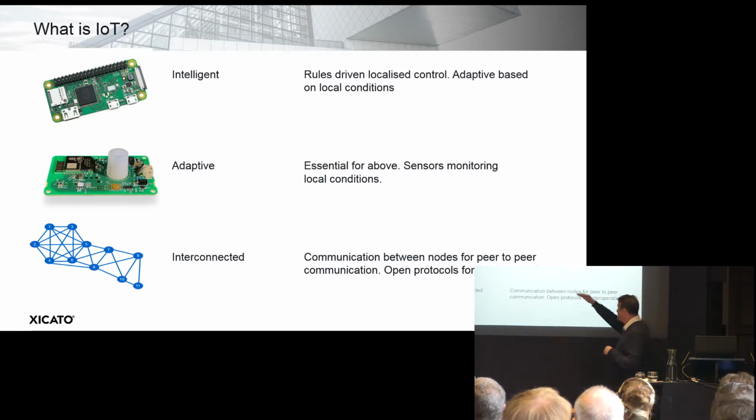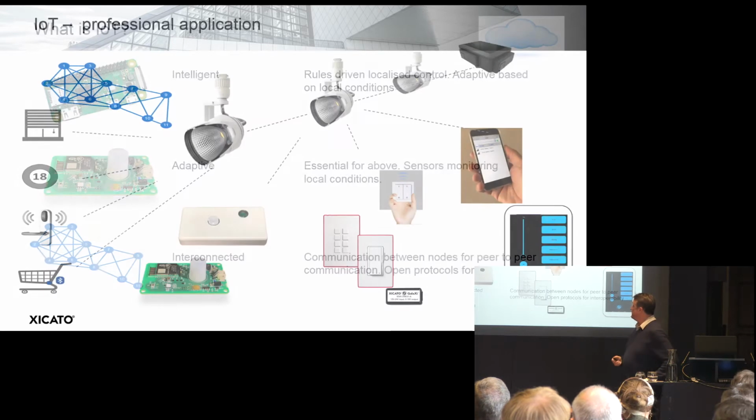And then finally, for these two things to work sensibly, they need to talk the same language. So if you take this argument beyond smart lighting to whole smart buildings, then you need a standard protocol. This is way beyond individual manufacturers' proprietary protocols. So these, I maintain, are the three main building blocks.